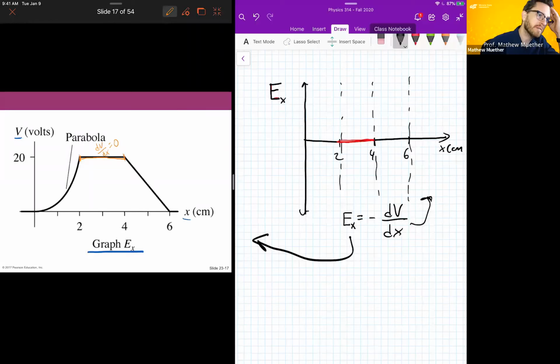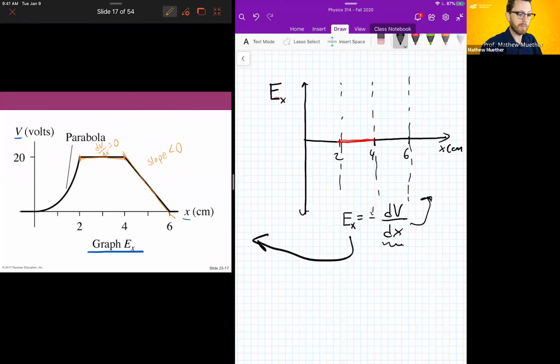Is it positive or negative? Okay, good. I'm getting positives coming in. Why is that? I see that I have a negative slope, right? Slope is less than 0. If I have a negative slope, because I have this minus sign in front, it means I'm going to end up with a positive electric field.